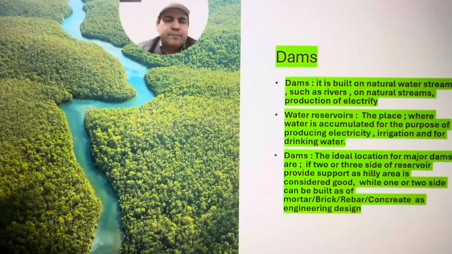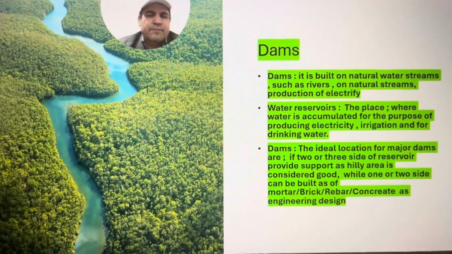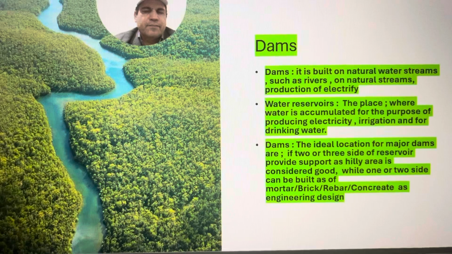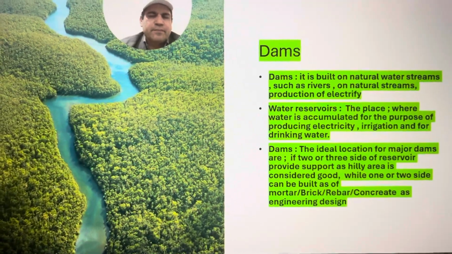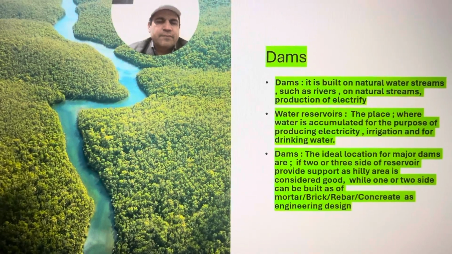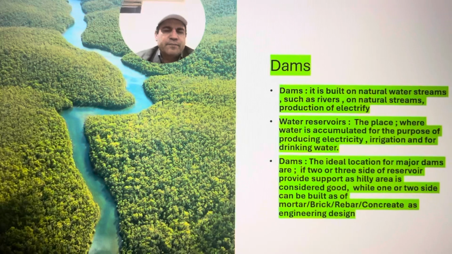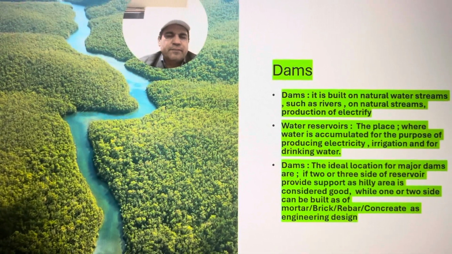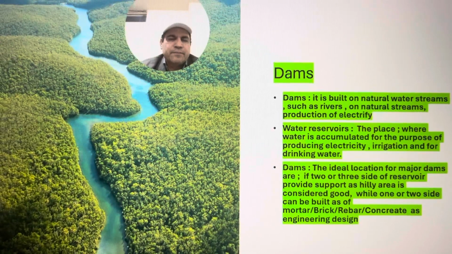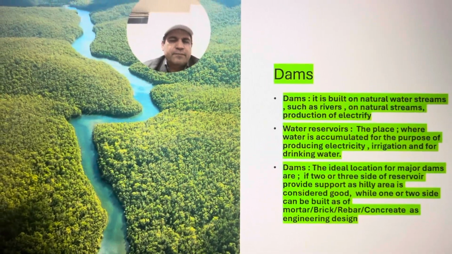If two sides are hilly, we can do a little construction there, and on the other side we can build a wall and the foundation. It may be 1, 2 or 3 kilometers where we can store the water, and then different mechanical doors are built.